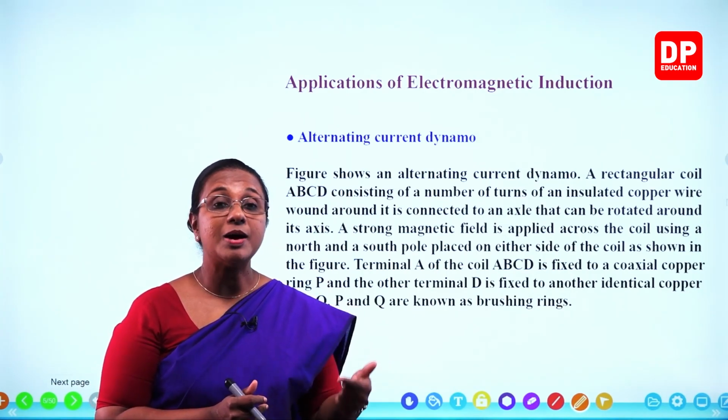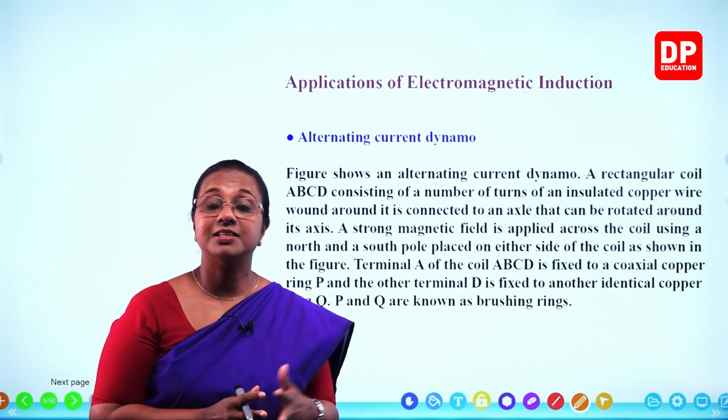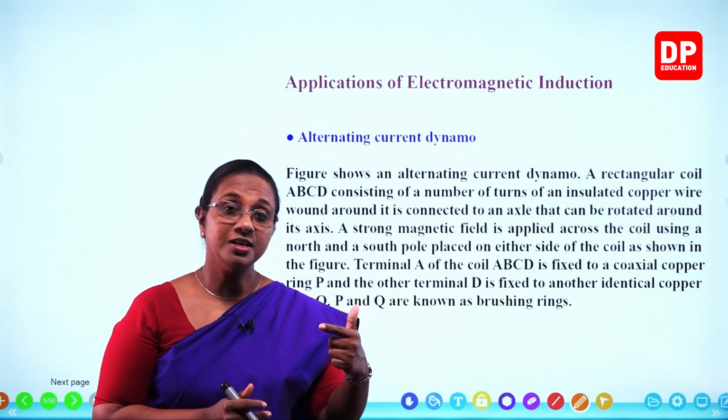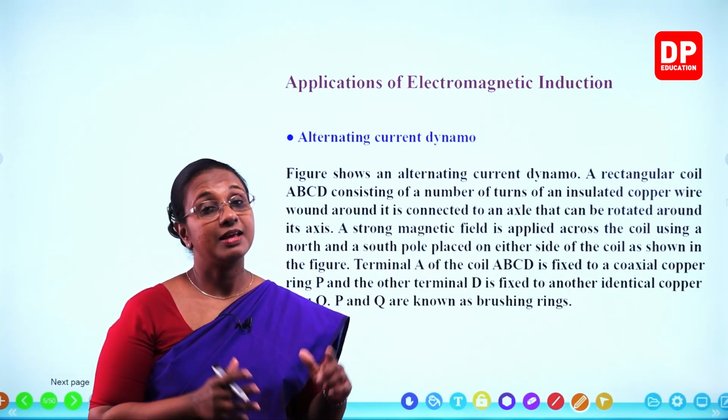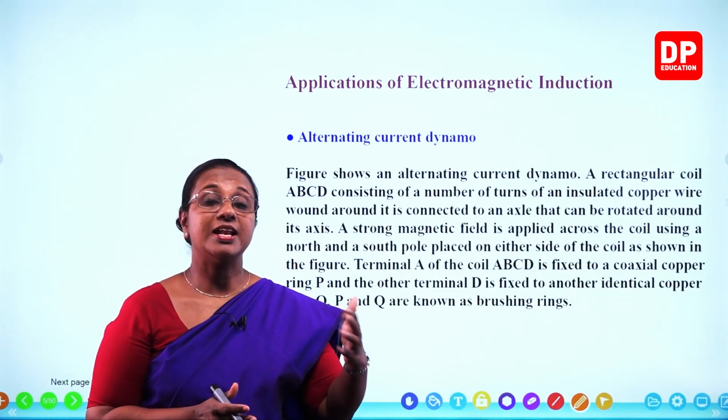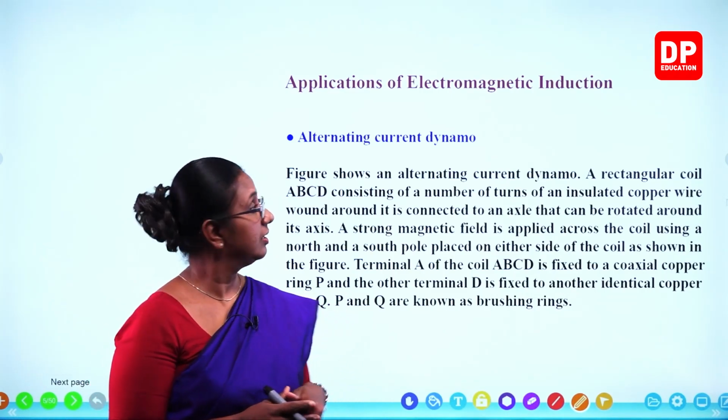So when the turbine rotates, there is electricity generated. There is rotation, there is a magnetic field, that is what happens in the turbine. An electromotive force is induced and electricity is generated.